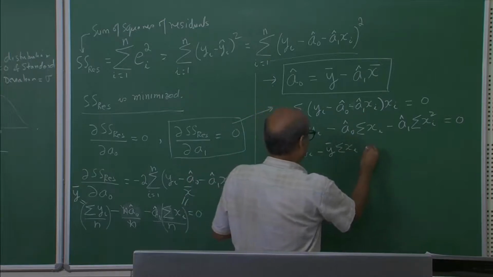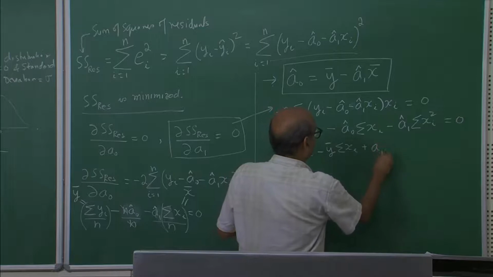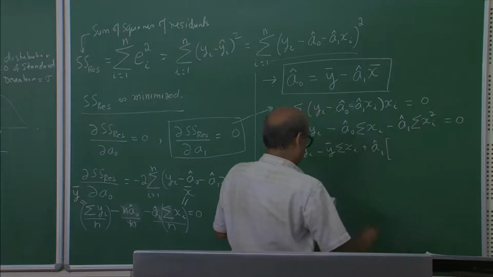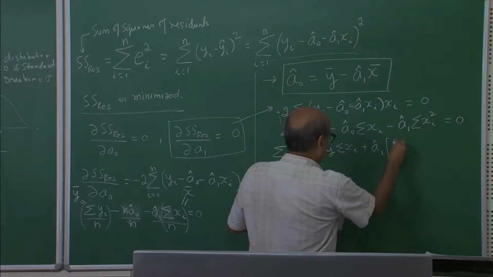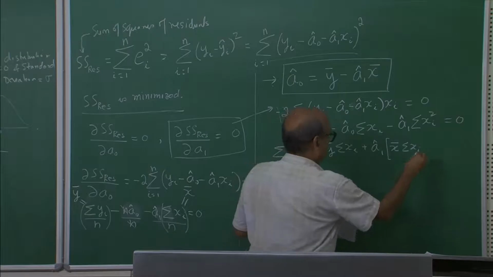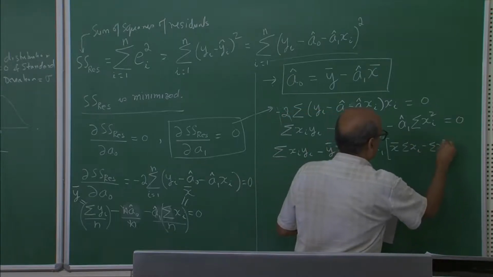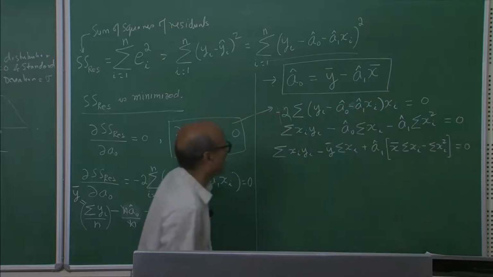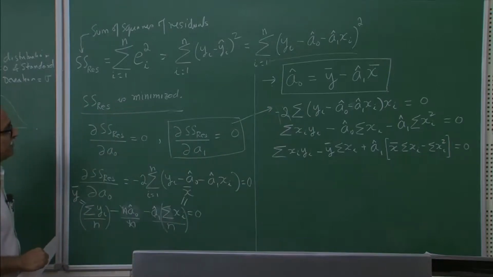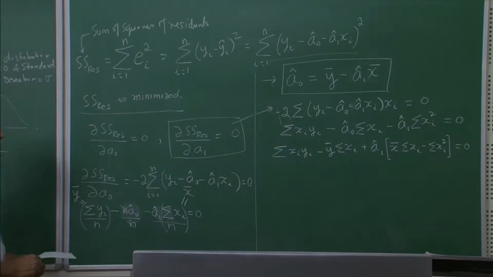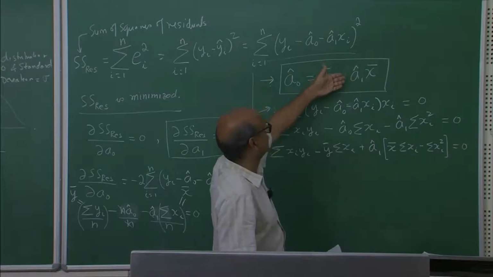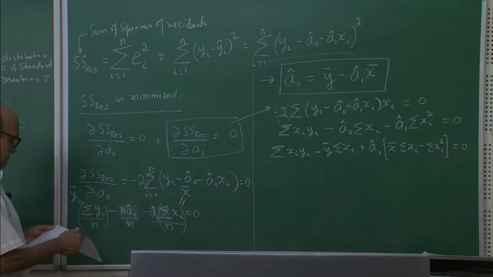As a result, I will get plus a1 cap, and I can take this in brackets here, x bar summation xi minus summation xi square, and this is equal to 0. So, now I have an expression in which only the parameter a1 cap is there, which means I should now be able to solve for a1 cap from here, and then that value can be substituted here to get a0 cap.